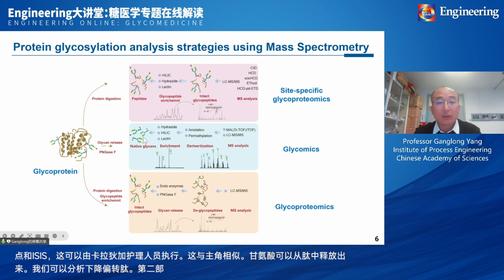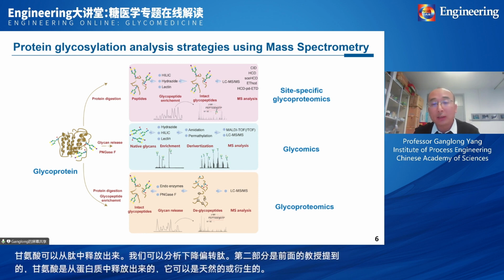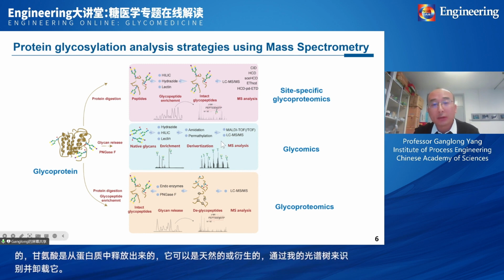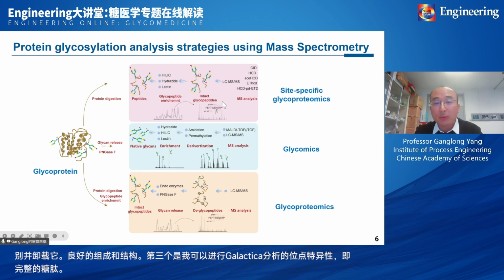The glycan is released from the protein, and it can be native or derivatized to be identified by mass spectrometry and to annotate the composition and structures. The third is site-specific glycosylation analysis, in which the intact glycopeptide can be directly analyzed by mass spectrometry.